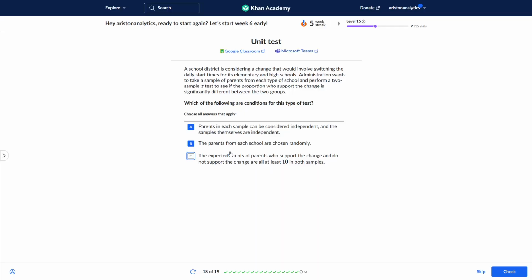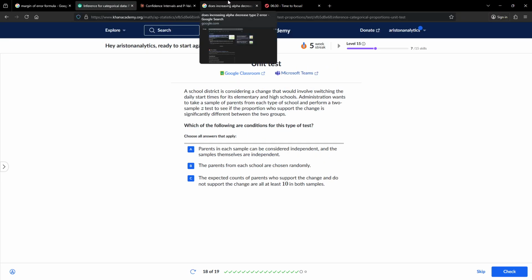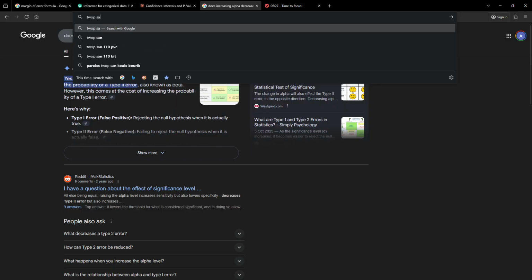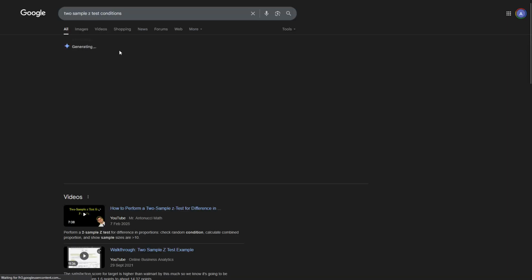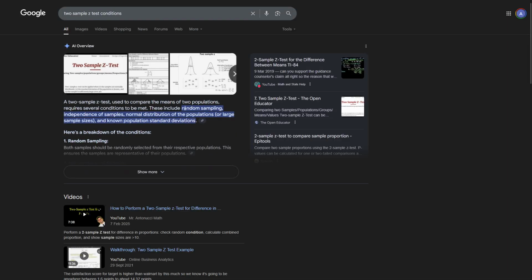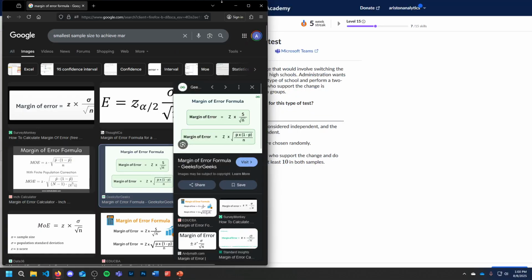The expected counts of parents who support the change and do not support the change. Okay. Two sample z-test conditions: random sampling, independence of samples, normal distribution. Okay, we're gonna go with it.